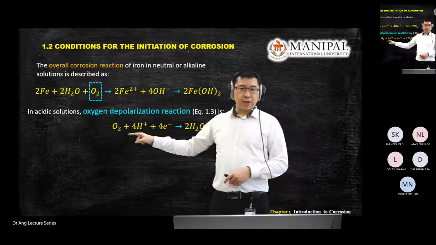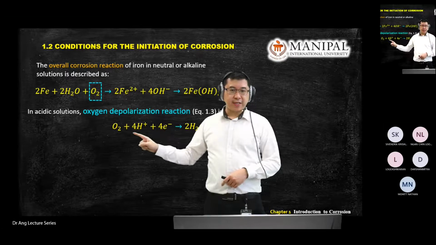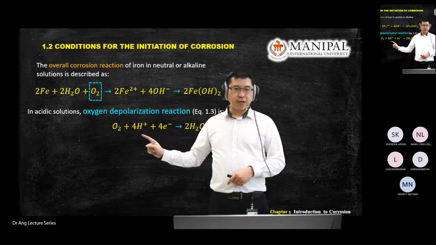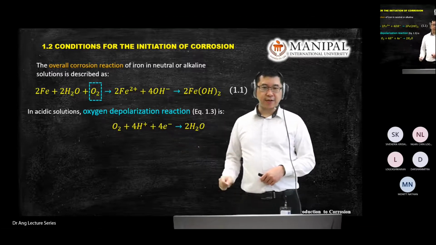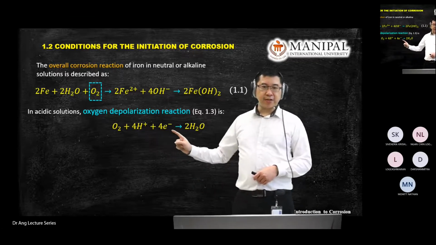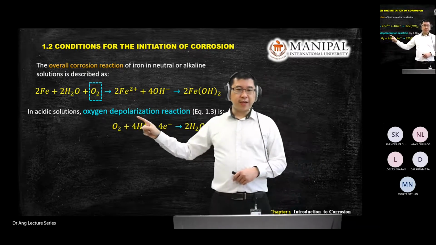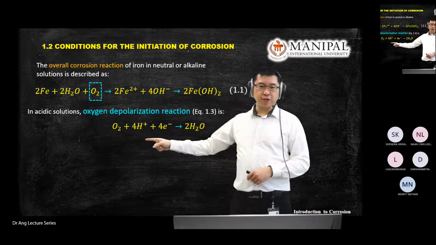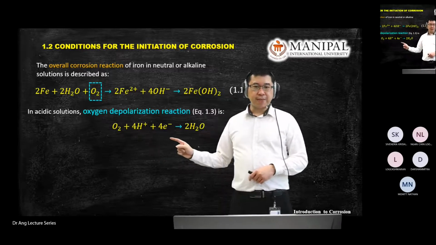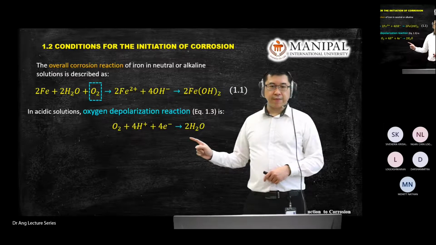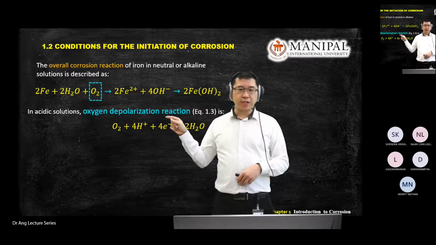Okay, so how does oxygen depolarize? We need oxygen, we need hydrogen charge, and we need electron. You need a positive charge, you need a negative charge to complete the depolarization for oxygen. So oxygen plus positive charge plus negative charge, you get water. So basically, what do you mean by oxygen depolarization?